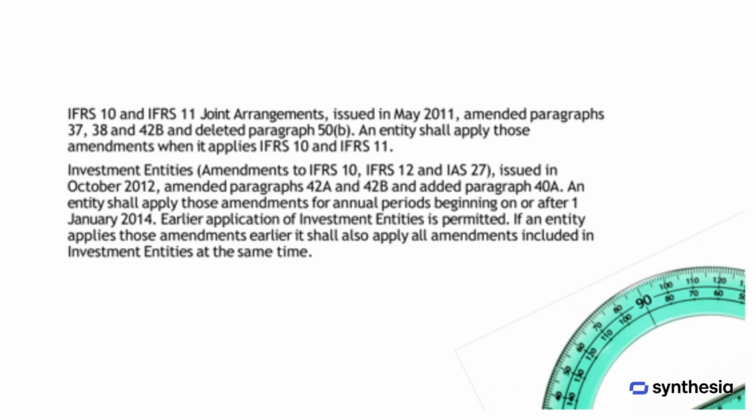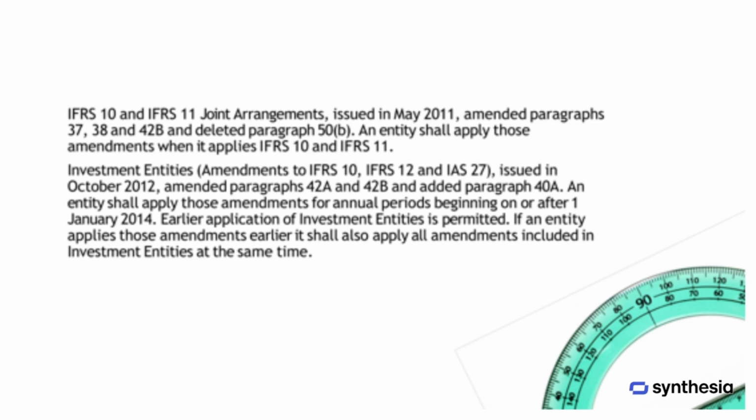IFRS 10 and IFRS 11, Joint Arrangements, issued in May 2011, amended paragraphs 37, 38, and 42B, and deleted paragraph 50B. An entity shall apply those amendments when it applies IFRS 10 and IFRS 11. Investment Entities amendments to IFRS 10, IFRS 12, and IAS 27, issued in October 2012, amended paragraphs 42A and 42B and added paragraph 40A.